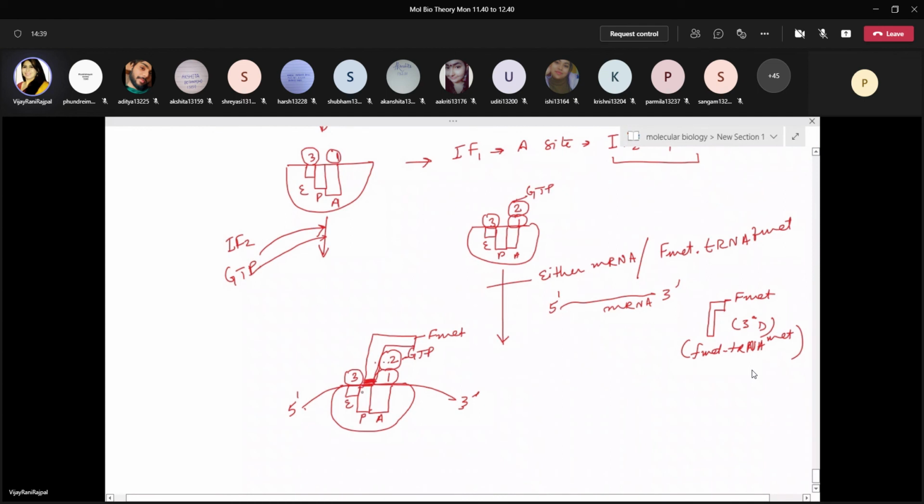They base pair, so this tRNA binds to the first codon by hydrogen bonding. So base pairing takes place between the initiator codon AUG of mRNA and the anticodon of FMET tRNA.